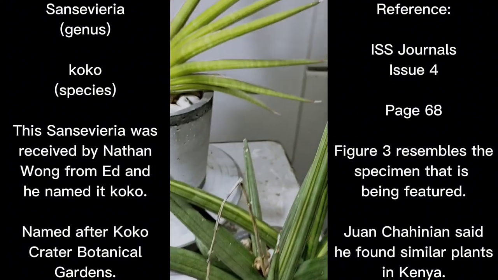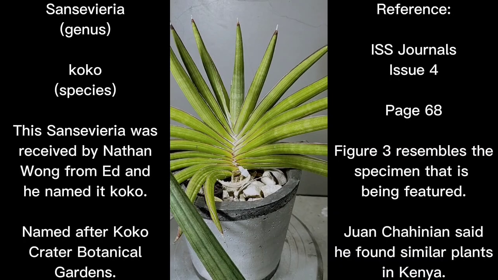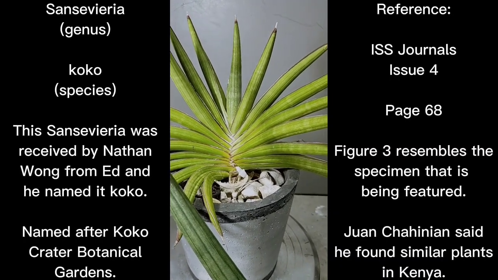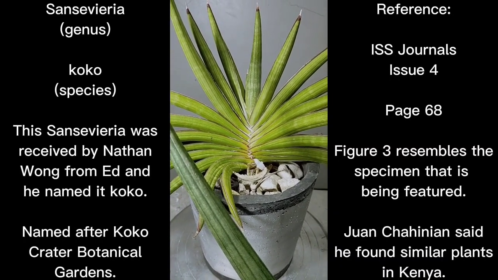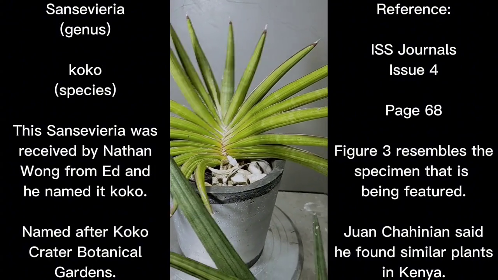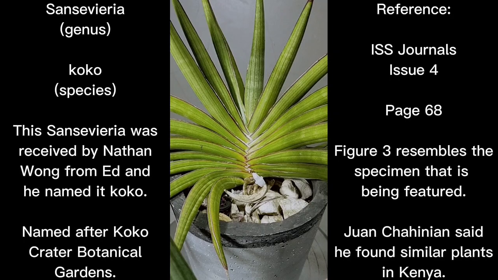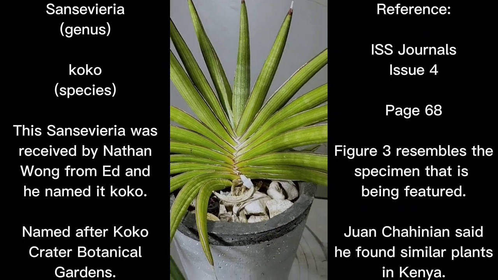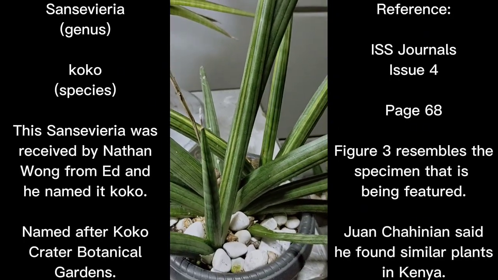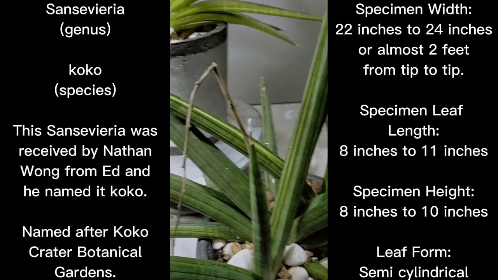It's a bit different to what is described in the Sansevieria Journals Volume 4, which also has a picture in there. Like I said, that's labeled figure 3, which closely resembles what I'm showing right now, rather than what is known as formerly patens, which is now Ed Abbey.